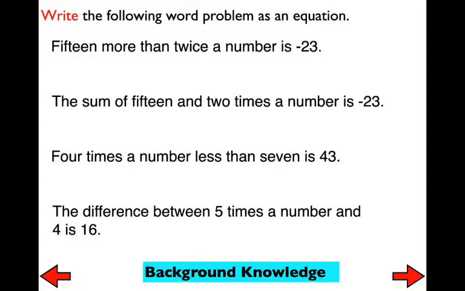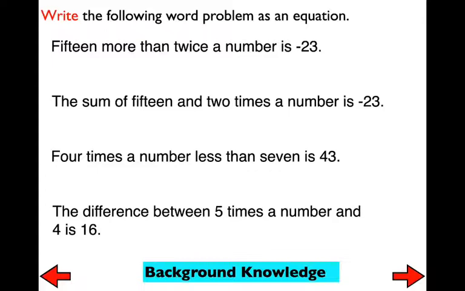Before we can go on to the next type of problem, we have to think back to something that you would have done in the 6th grade, where you're converting a sentence to an expression or an equation in this case. So we have some words in math that in English mean to flip the order.